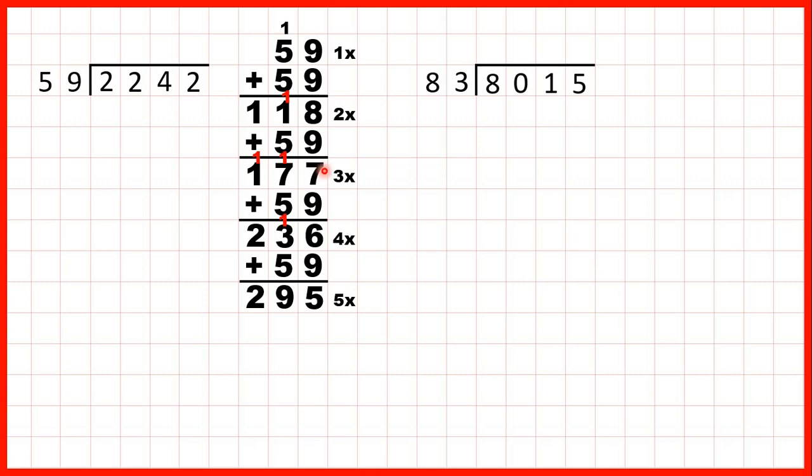The closest number we have that's less than 224 is 177, because 236 would be too many. So we can write 177 below 224, and because that's 3 times 59, we can write 3 in our answer.